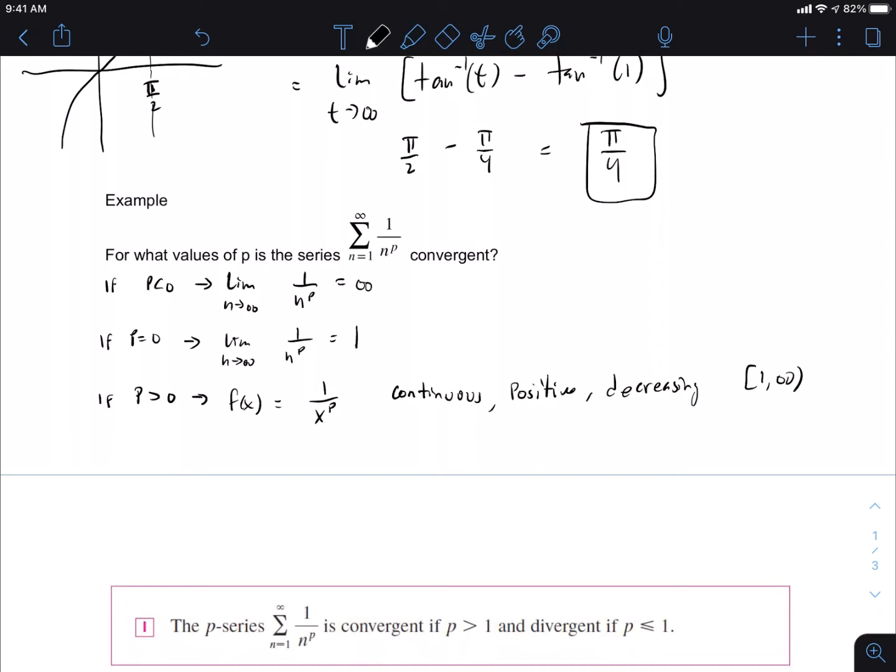So from here we need to do the integral test, and we'll go from 1 to infinity of 1 over x to the p dx. What we see here is that the integral of this is going to converge if p is greater than 1, and it diverges if p is less than or equal to 1. So it's pretty cool, the information that we're able to find from this.